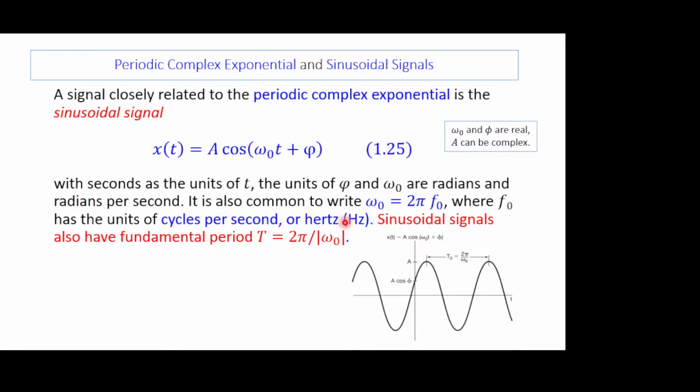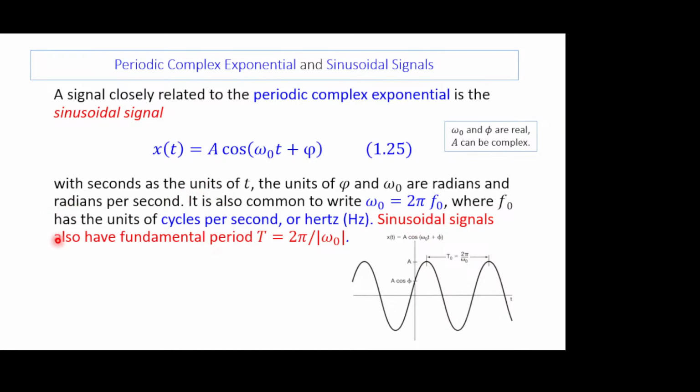So on notation, instead of omega, we also sometimes write f. It's a little confusing. Omega is called frequency, and f is also called frequency, but f is a frequency in a different unit. So omega will be 2 pi times f, and f is frequency in the unit of cycles per second, or hertz. Okay, so that's some notation to remember.